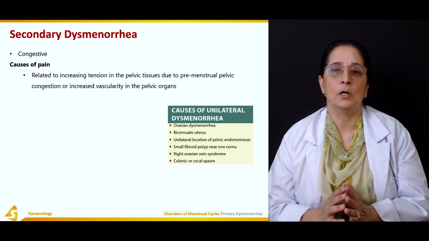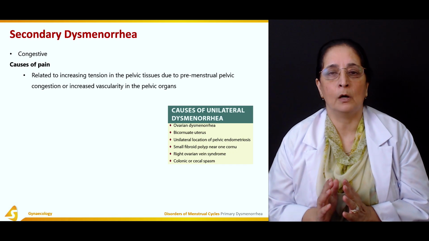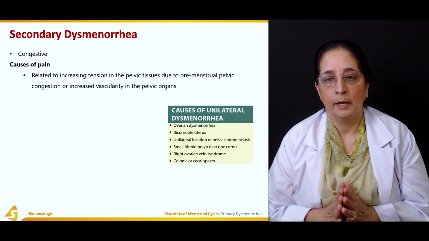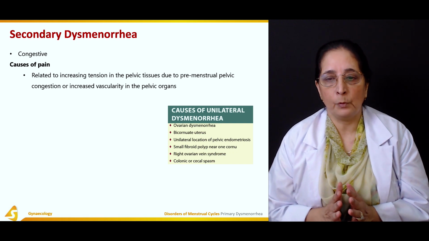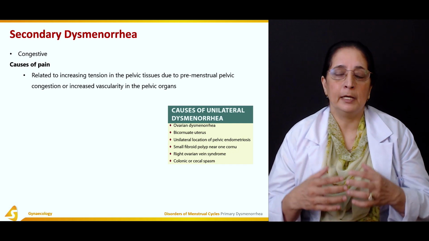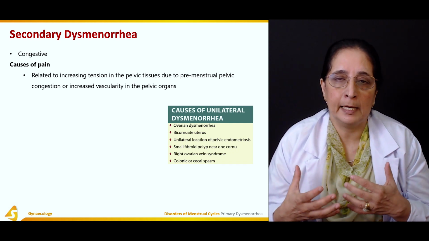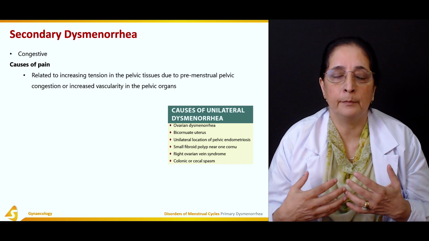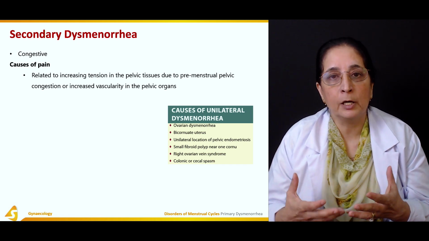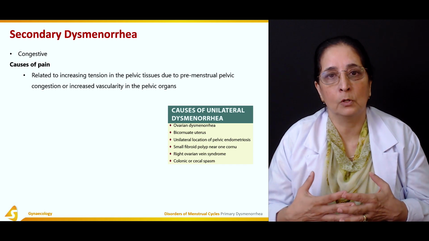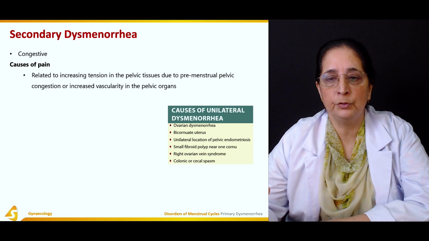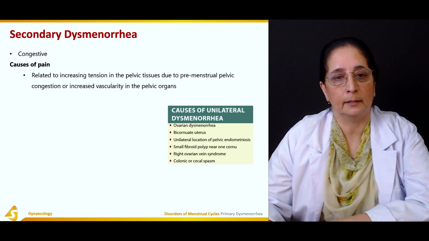All these are the causes of dysmenorrhea on one side, or unilateral dysmenorrhea. In right ovarian vein syndrome, the ovarian vein becomes enlarged and big and causes varicose veins. It can also cause the pain. So all these are the causes of unilateral dysmenorrhea.